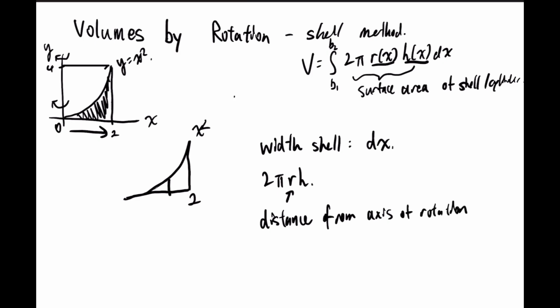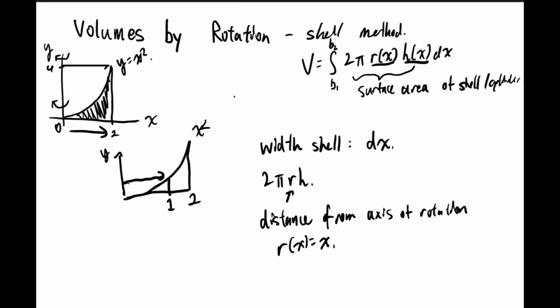So let's say x was 1. That's where your dx is currently sitting. Let's say right now the shell you're looking at is located at x is equal to 1. Your distance from the y-axis is just 1, right? As you move along, your distance varies linearly with x. So in this case, r of x would just be x.